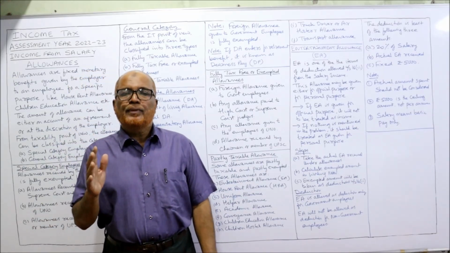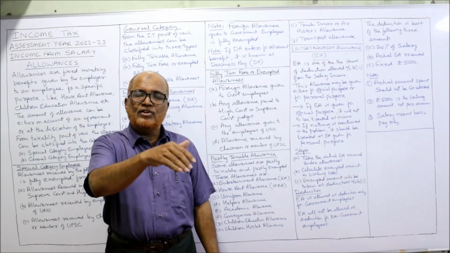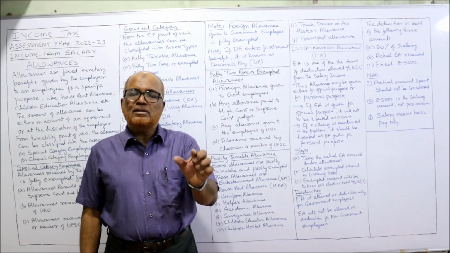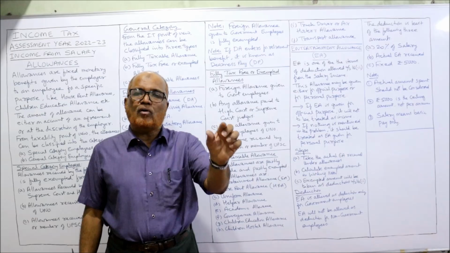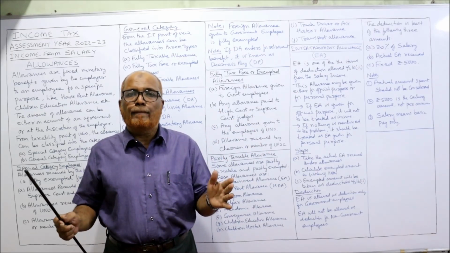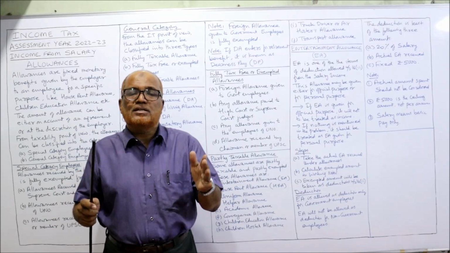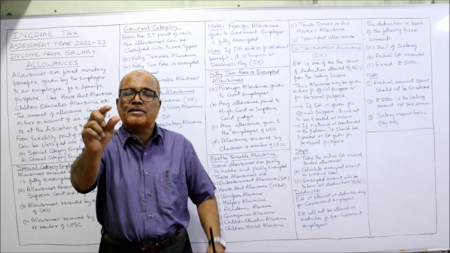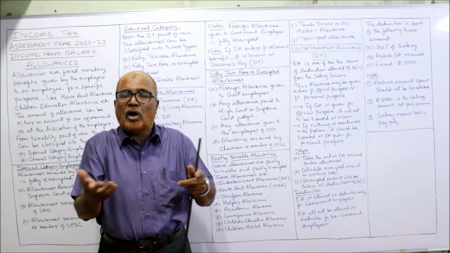One thing you have to remember: EA may be given either for official purpose or for personal purpose. If in the problem it is given that EA is given for official purpose, then treat that it is not an income. You have to treat that allowance received for official purpose is not an income, not taxable.